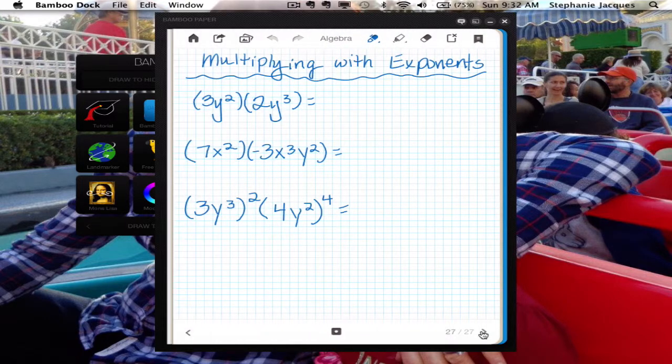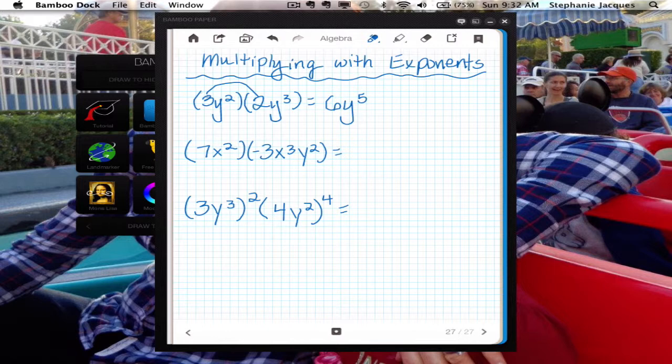Let's look at multiplying with exponents because we did a little bit of that on the first page. So for my first example, I have 3y squared in parentheses and 2y cubed in parentheses, which means they're being multiplied. So the first thing I do is I multiply my numbers. I get 6. Then I know that I have 2y's and 3y's, so that means I have 5y's altogether.